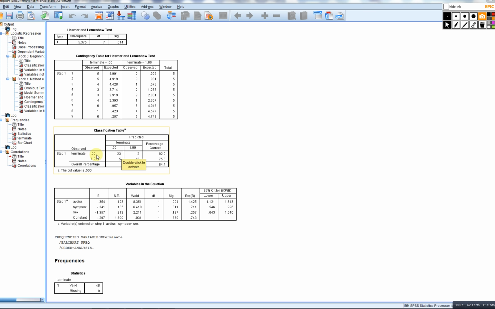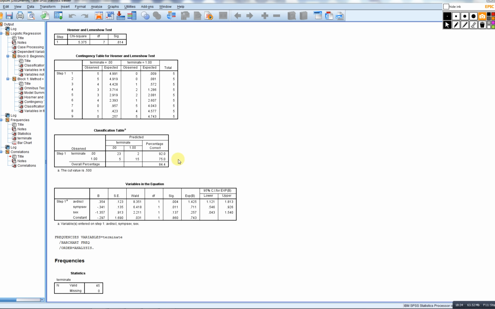That represents an accuracy in classification of 92%. In other words, if we take the 23 individuals who were predicted and divide by the 25 that actually did not terminate, that gives us a classification accuracy of 92%. So that's really quite nice.